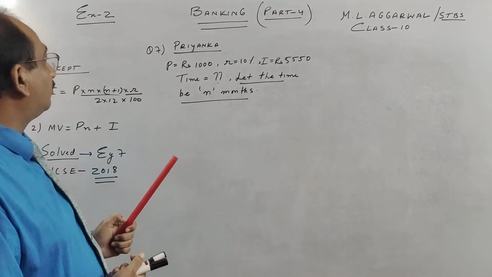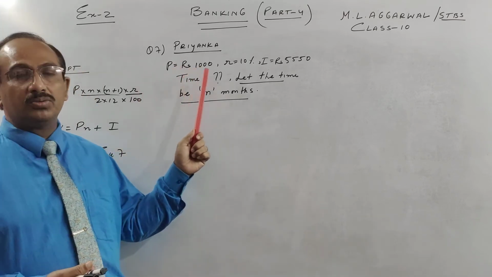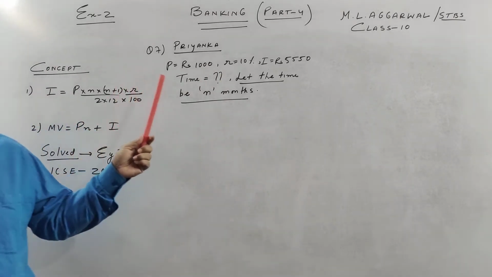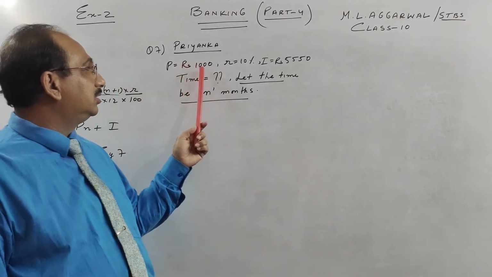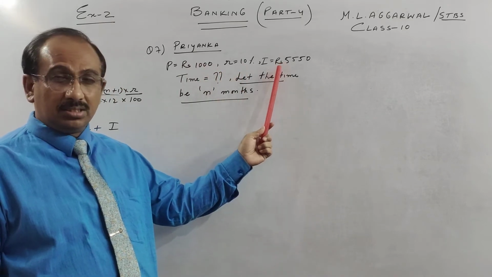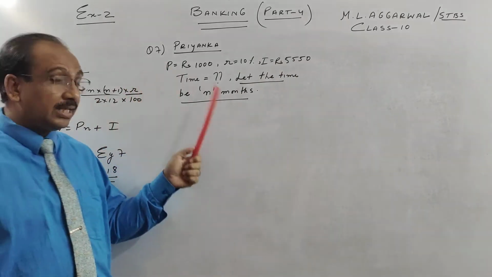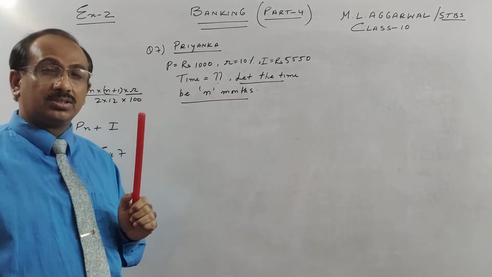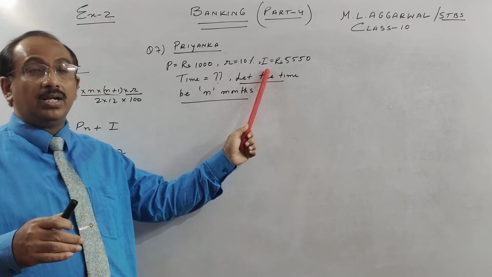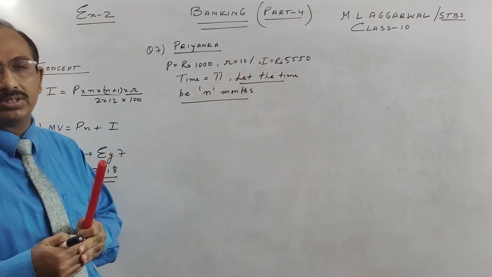Question 7 of exercise 2: Priyanka deposits 1,000 rupees for how much time we don't know, we have to find. She deposits 1,000 rupees at rate of 10%, and her interest, listen here children, interest, we will use this formula first, because in the next question, the unsolved last question of exercise 2, this same thing is maturity value, the money she gets back at the end of that time for which she deposited.